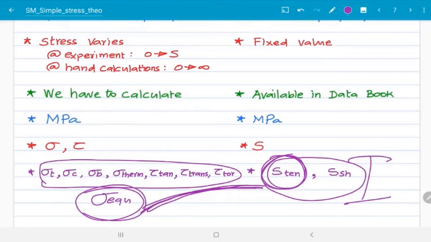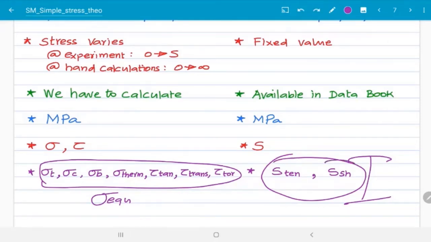When it is equal to tensile strength, the component will fail. When it is greater, the component will fail. That is clear, sir. I have another doubt: suppose I select the shear strength for comparison, which stress should be used for comparison, sir?